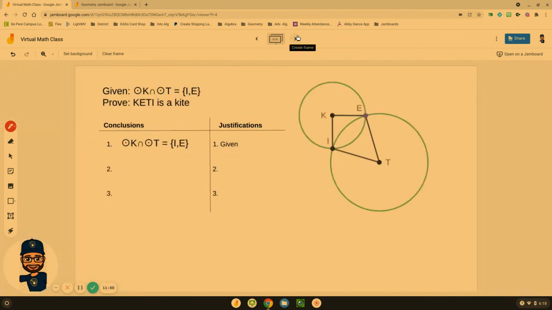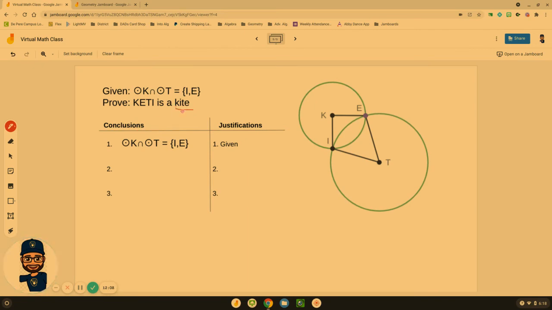Last one. All right, here we go. Circle K intersects circle T at these 2 points, I and E. So they intersect them. So that's the given. We need to prove that KETI is a kite.